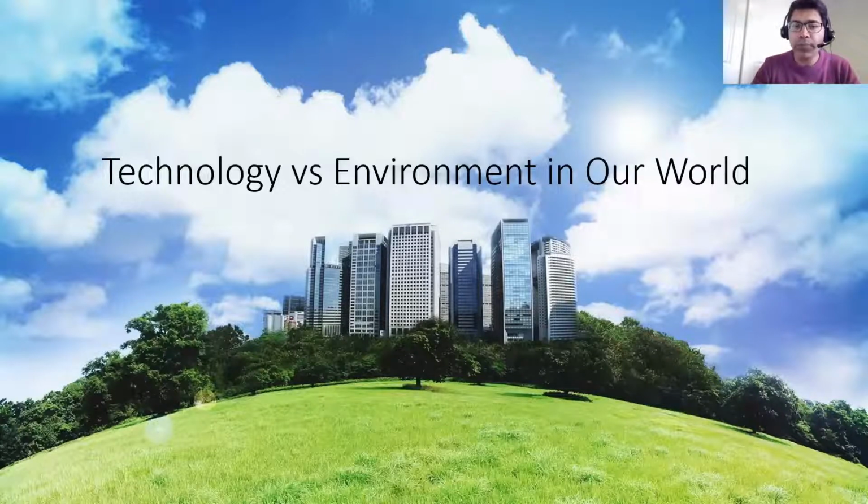On the other hand, we have a kind of contrast with the environment and nature, because we are going away from nature. So the idea is, how can we resolve this trade-off between the two? What if we use technology to improve our environment and protect our environment?